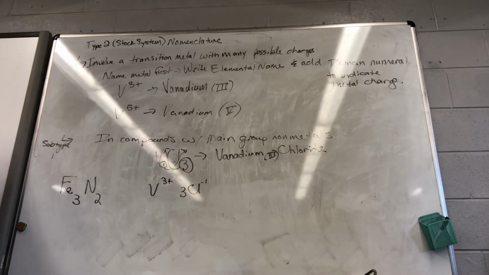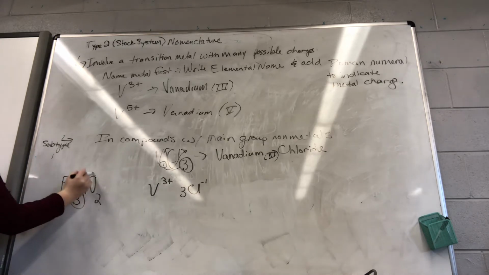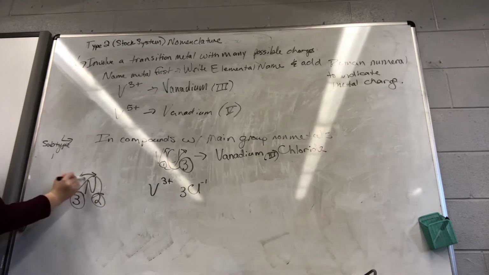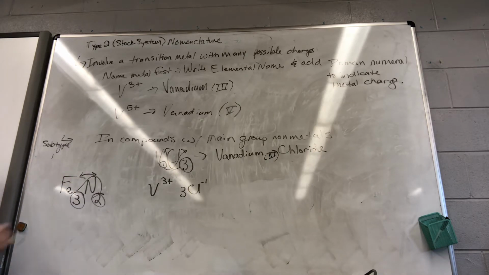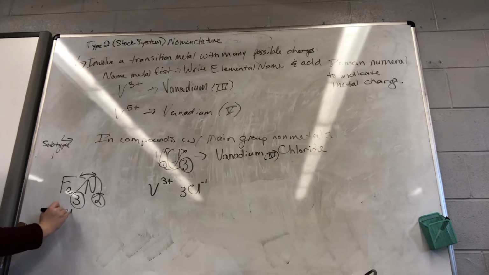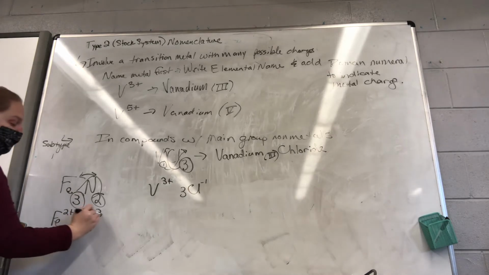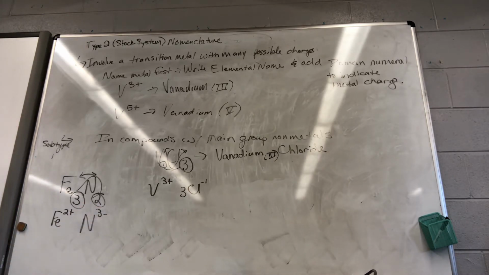We're going to uncross them. We're going to get that Fe should be a 2 plus, N should be a 3 minus. Should N be a 3 minus charge? Yeah, based on where it's located, it should be. So this is the first type of the stock system of nomenclature that we can write.